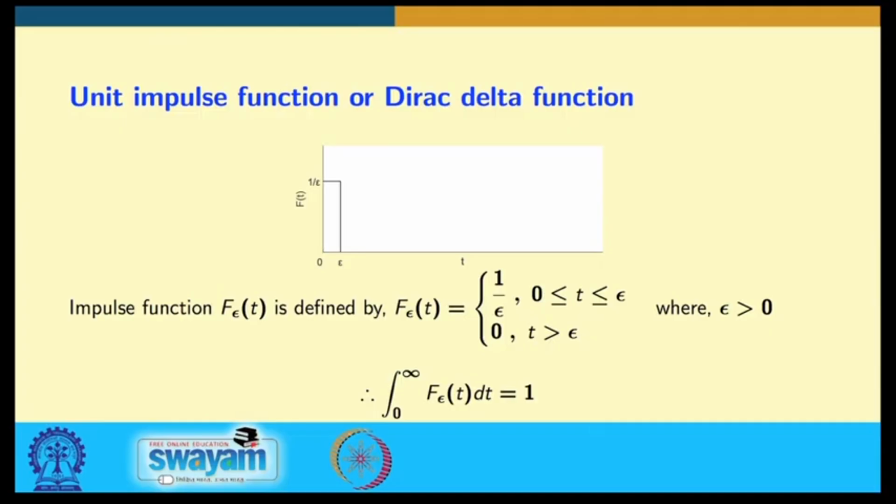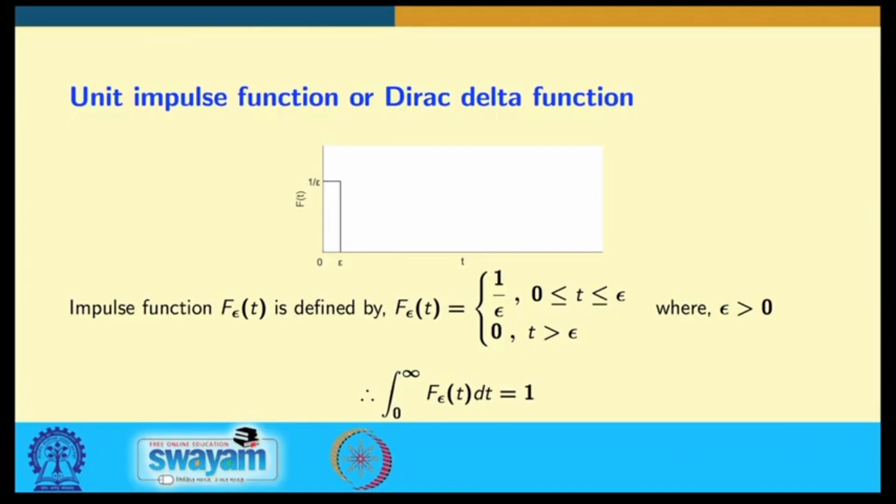I am just explaining. So, please note that the Dirac delta function is defined like this: f epsilon(t) equals 1 by epsilon when t lies between 0 and epsilon, and 0 whenever t is greater than epsilon, and the integral from 0 to infinity of f epsilon(t) dt equals the integral from 0 to epsilon of f epsilon(t) dt, which equals 1.